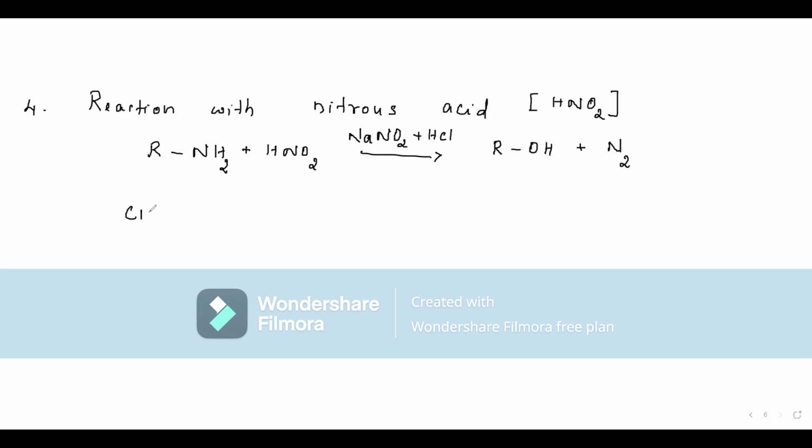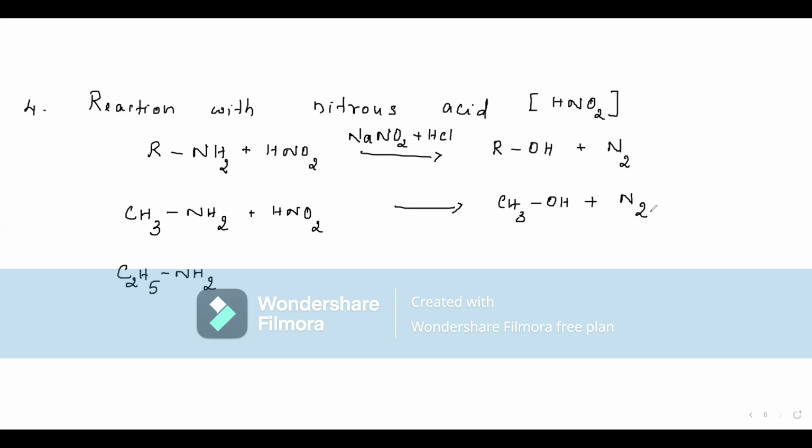One example, CH3NH2. You can practice using C2H5NH2 also. This, when treated with HNO2, gives CH3OH along with N2, nitrogen.